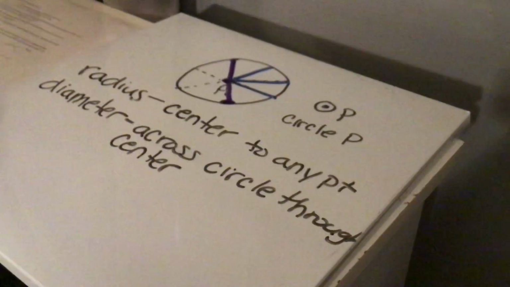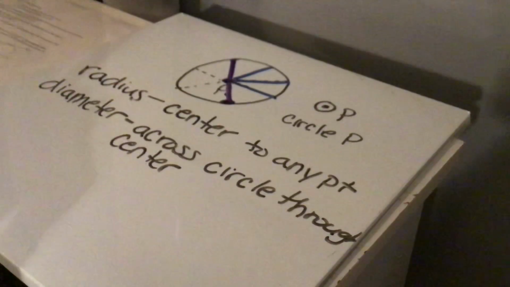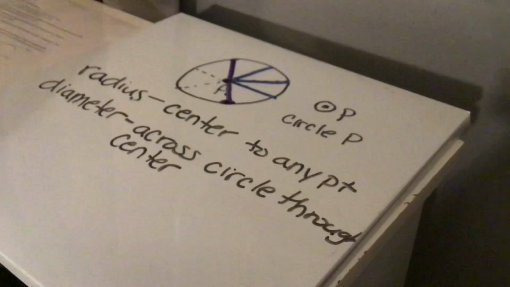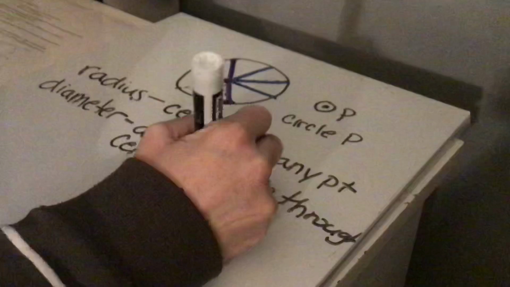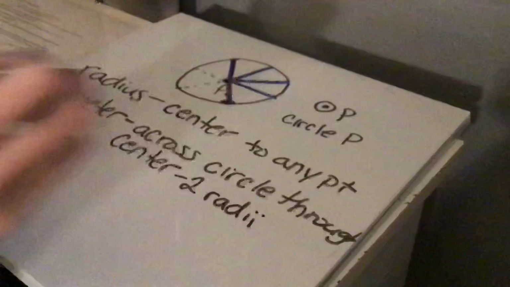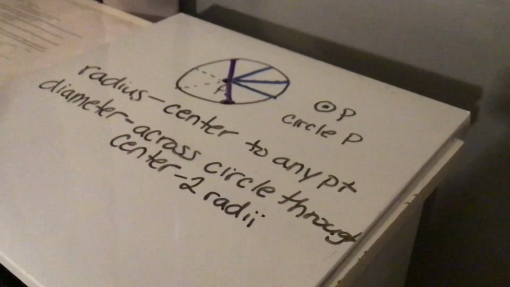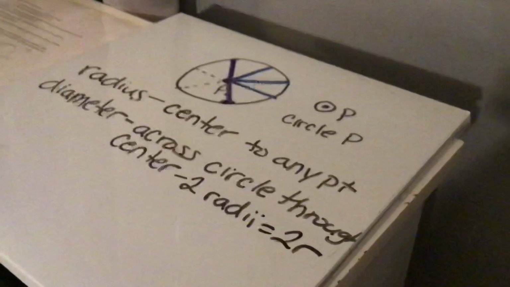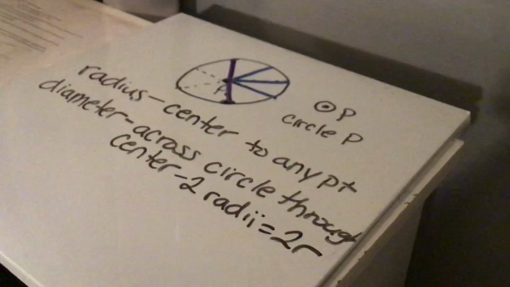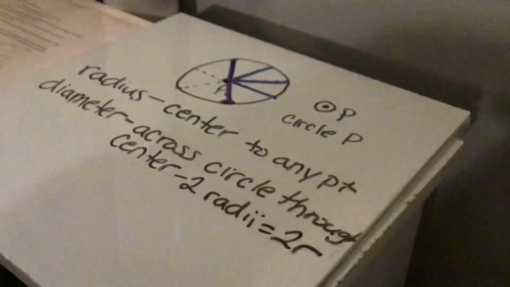So a diameter happens to be 2 radii, twice the radius. All right, so radius and diameter.